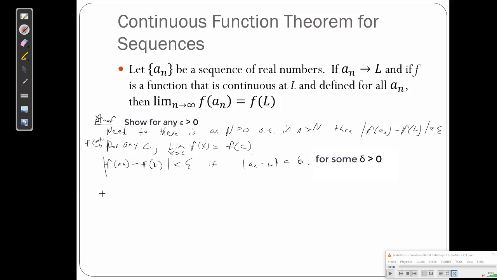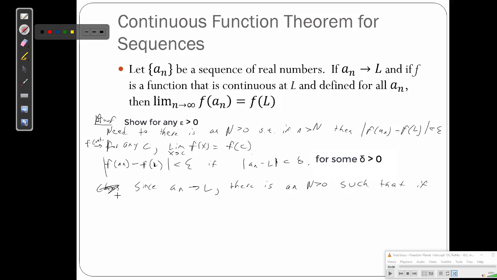But we can make that happen since a sub n converges to L. There is an N greater than 0 such that if little n is bigger than big N, a sub n minus L is less than delta.